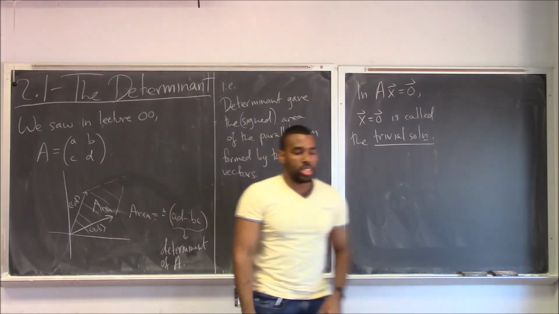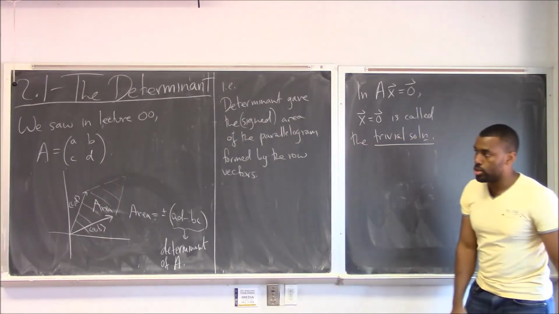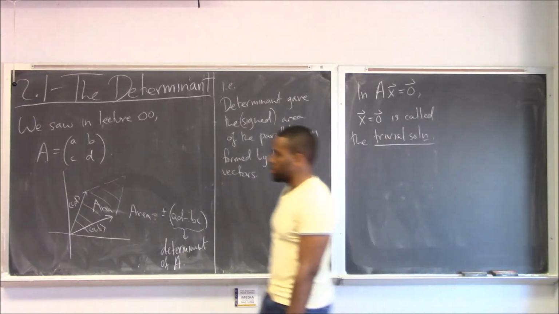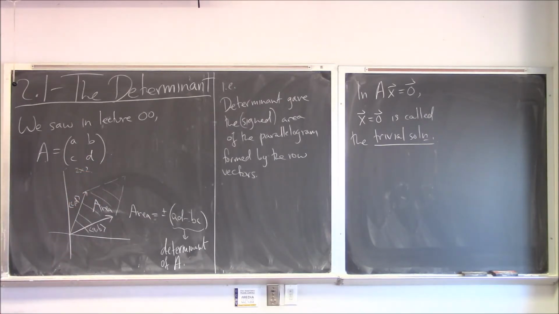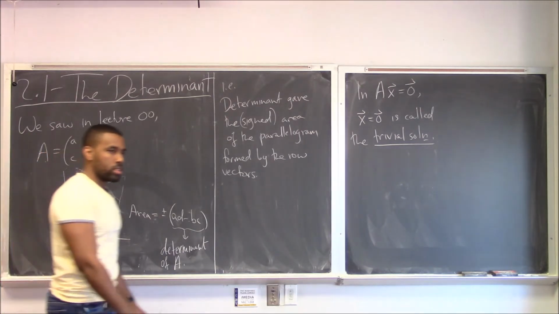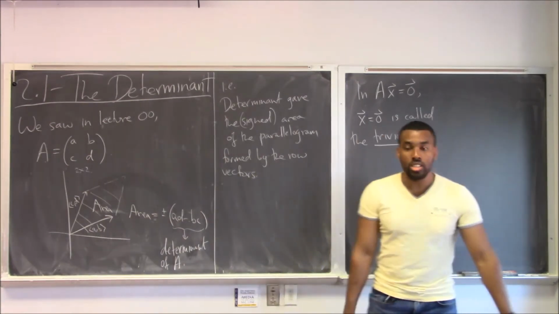We're going to want to generalize this. This was the 2 by 2 determinant because this is a 2 by 2 matrix. We want to generalize this to the n by n determinant: if I have an n by n matrix and I think of all the vectors as row vectors in Rn, then what formula would give me the volume of the parallelepiped formed by the row vectors? This is called the determinant.